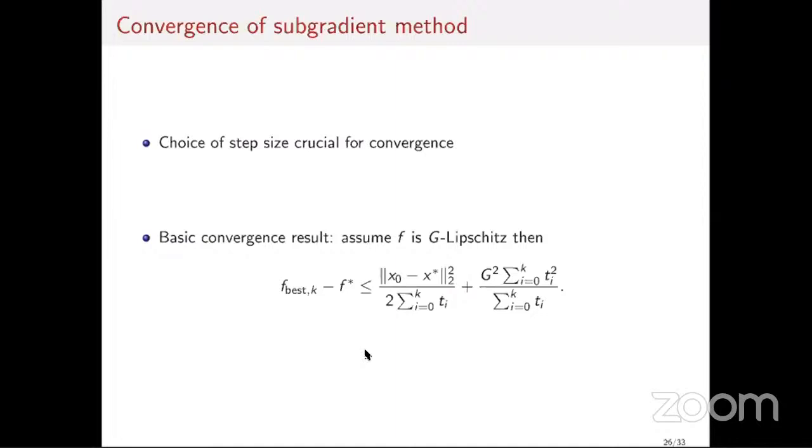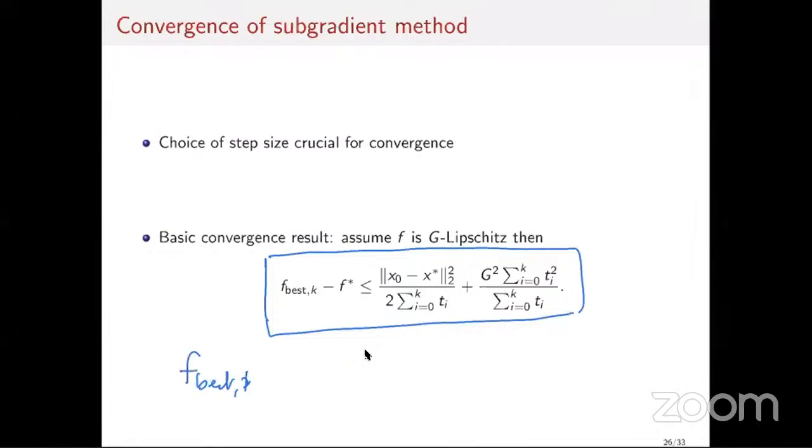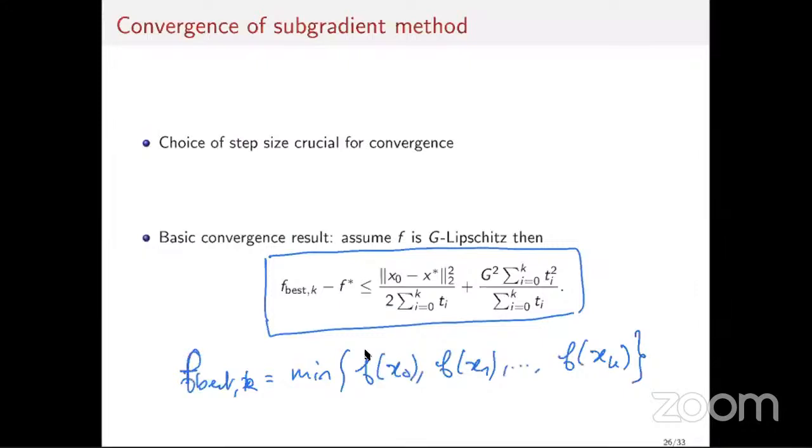So this is the basic convergence result that I'm going to prove. It's actually very simple, so it will just take a couple of lines. So here f best k is the minimum of f of x0, f of x1, etc., f of xk.